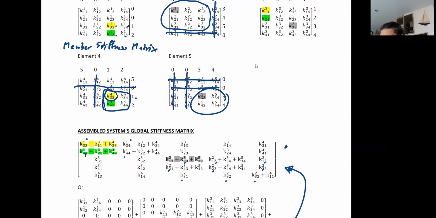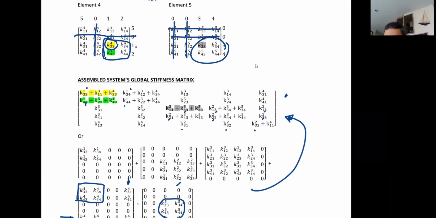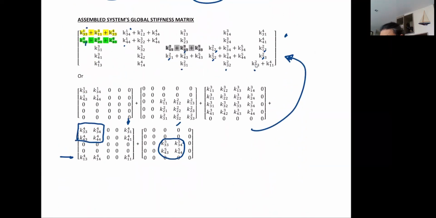So it's just one important step here to put the global stiffness matrix of each member into the global stiffness matrix of the entire system by using the code numbers. It's like playing games, really. So now you have the global stiffness matrix. It means that you can now solve the structure. Okay, so that's it. Any question?